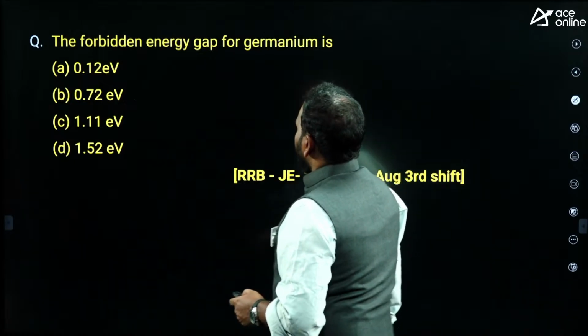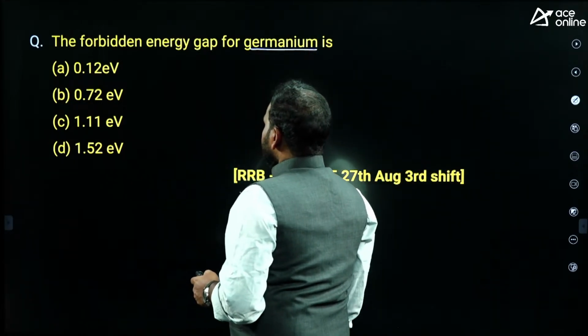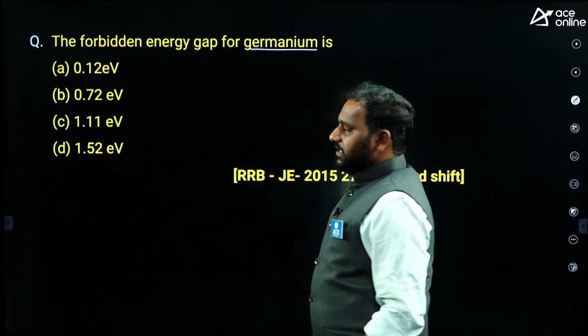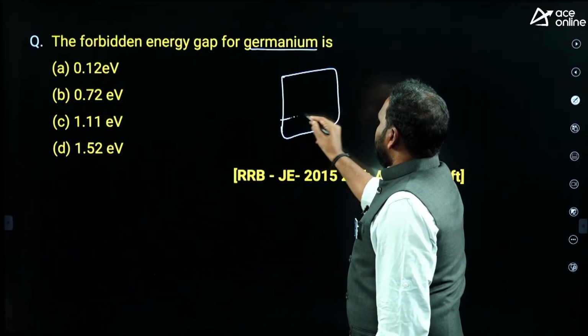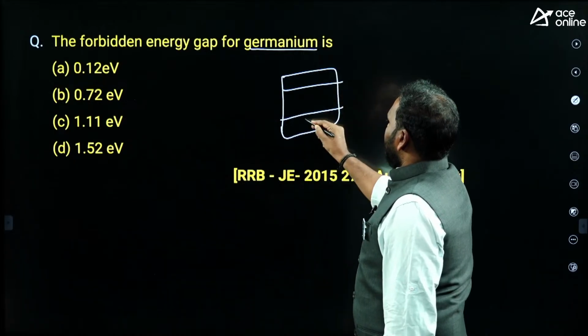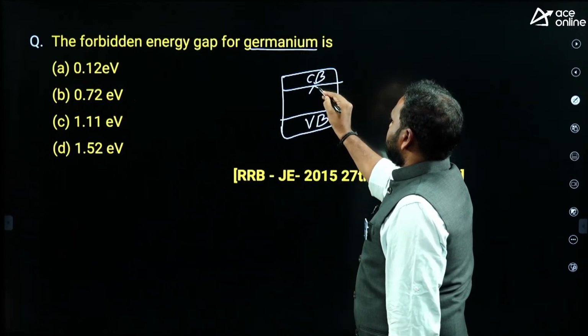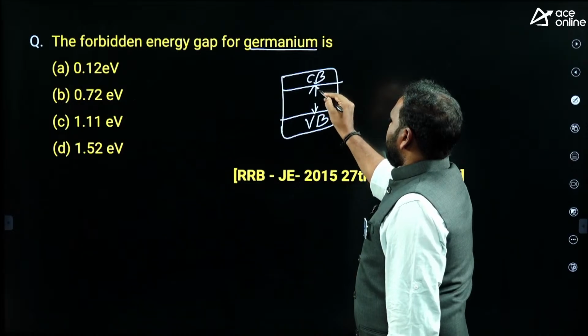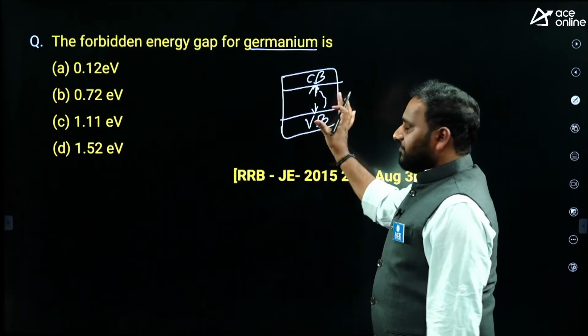The forbidden energy gap for germanium, I just told you. Forbidden energy gap is the energy gap between the valency band and the conduction band, okay? A rough sketch of the energy band diagram.